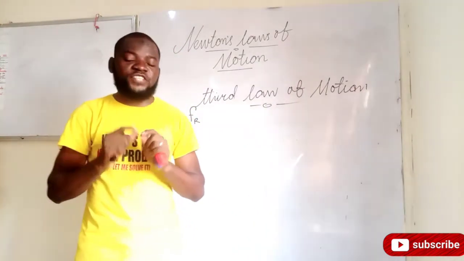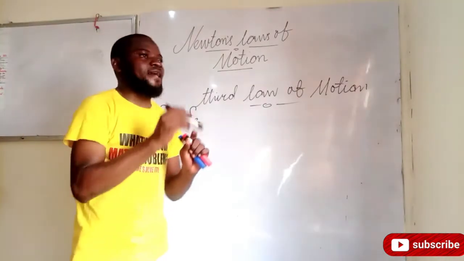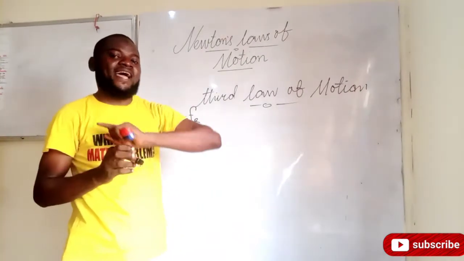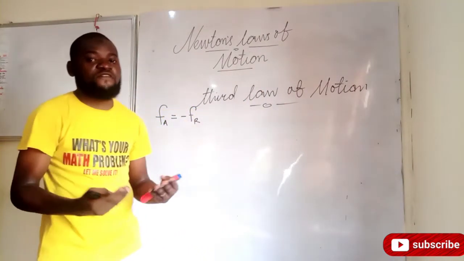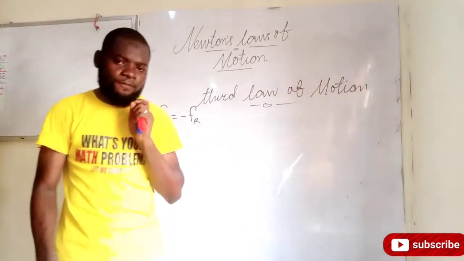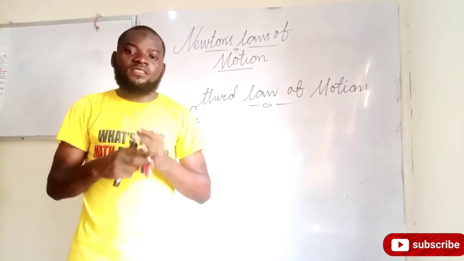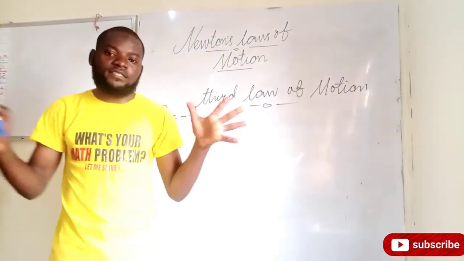Now, back to the question I raised when I was explaining this third law: why is it that if I throw this body forward, the marker will accelerate very fast, but I am not accelerating very fast like the marker? The reason is because my mass compared to the mass of the marker is absolutely high. The mass of the marker is small, but my own mass is quite big.